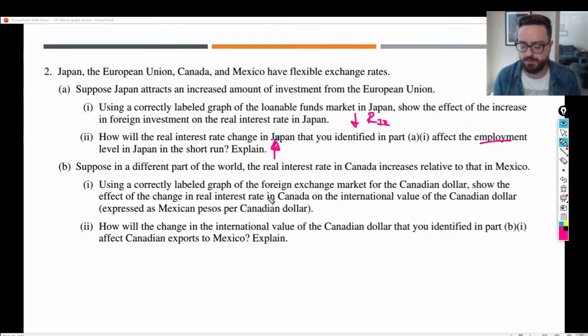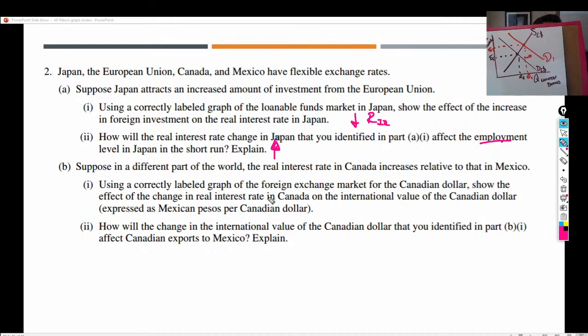They'd want to invest more in Canada. So there would be an increase in the demand for Canadian dollars. It's a higher demand curve. Increase the demand.